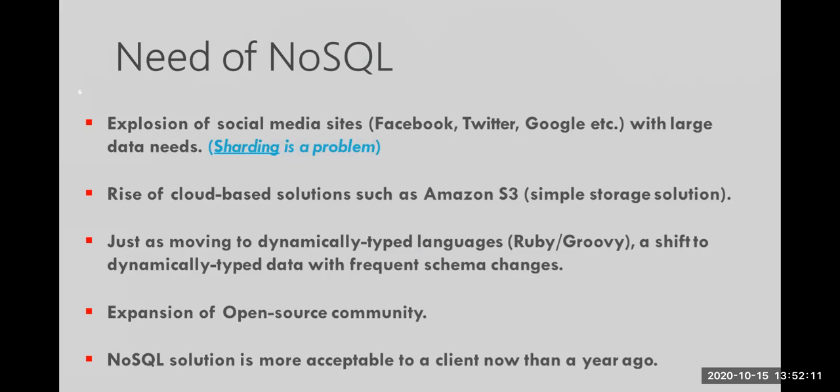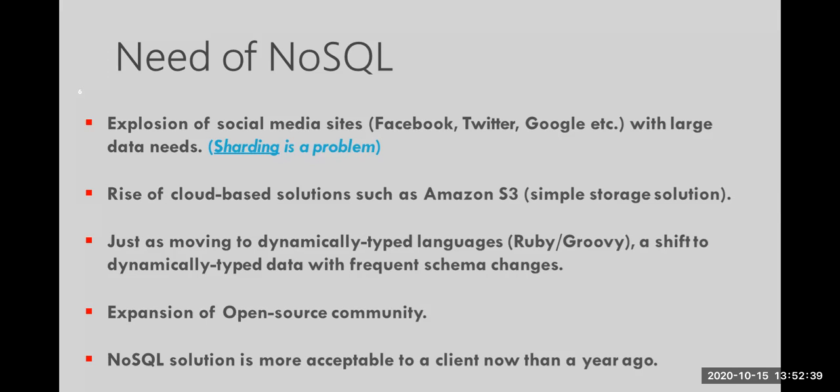The database sharding we discussed is majorly done in RDBMS systems. It is not done natively under NoSQL. That's why sharding is a problem with such social media sites, and that's why there is a need for NoSQL.